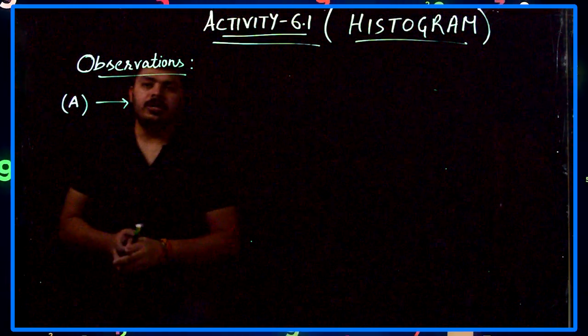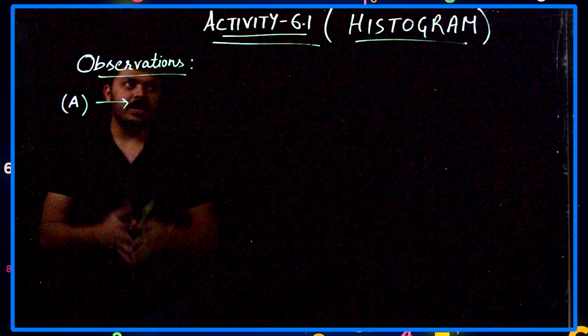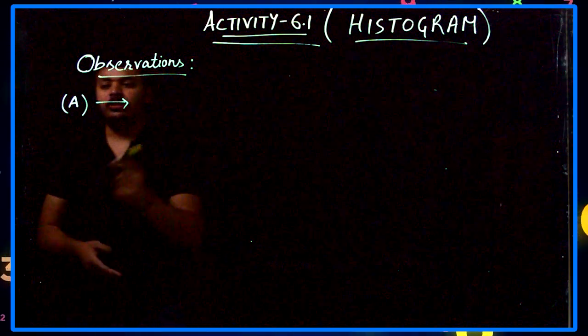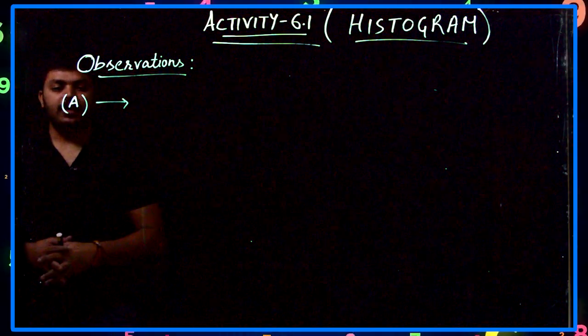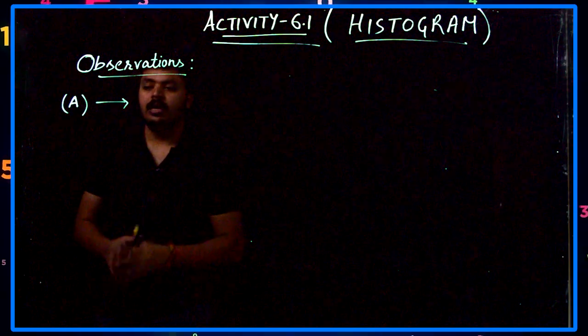So now students, our observations for our given activity. First of all, our observation for part A, that is for classes of equal width.